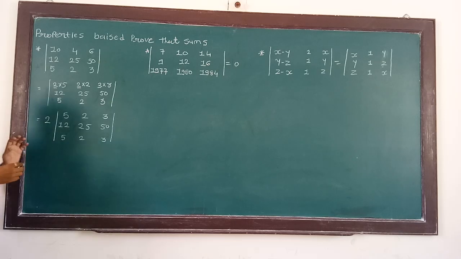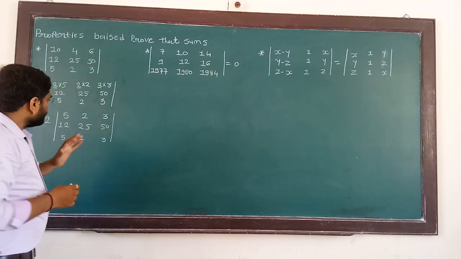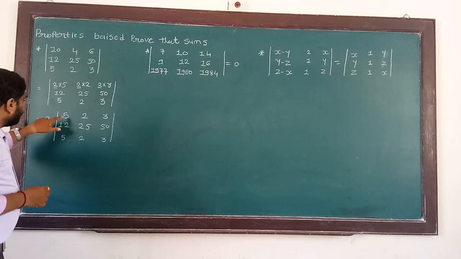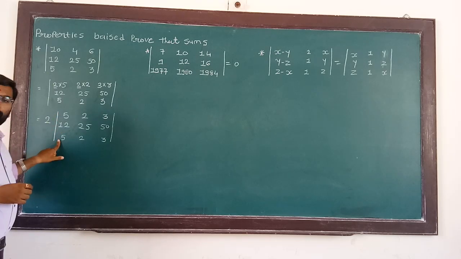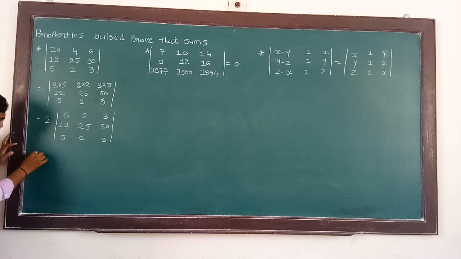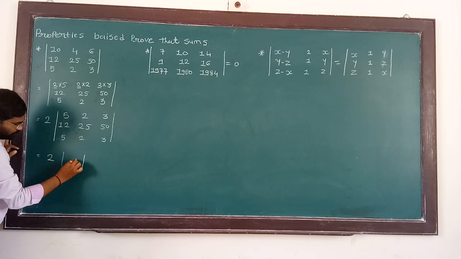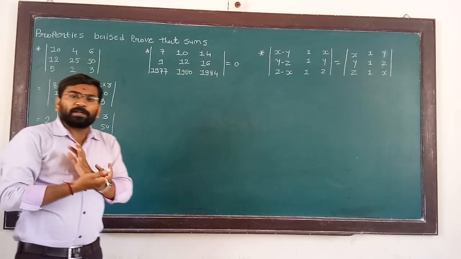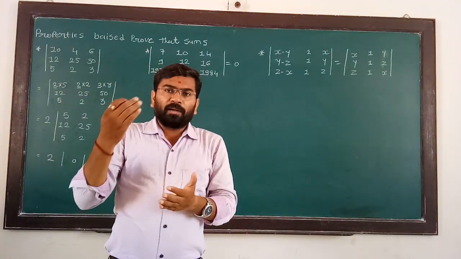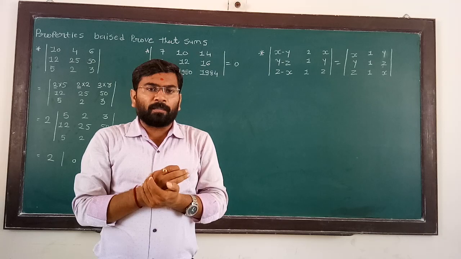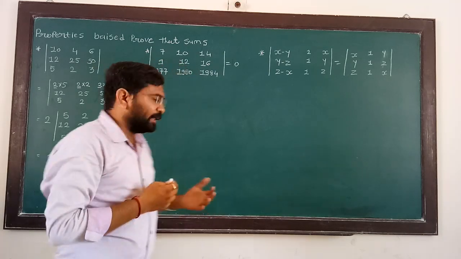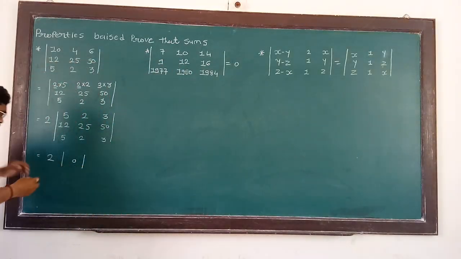See the students, in that the first row and third row are the same, so we can use property number 1. In property number 1, if any two rows or any two columns are same, then the determinant is 0.